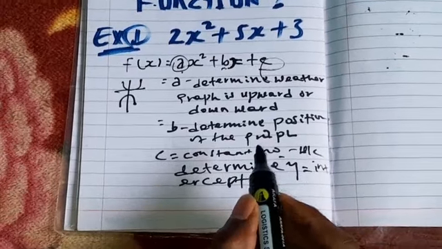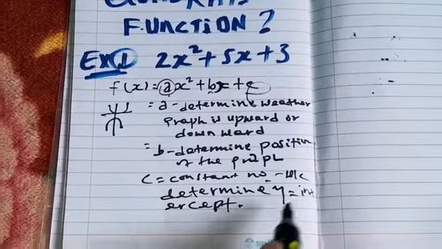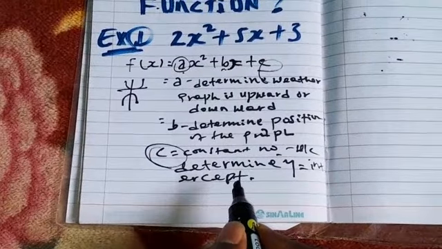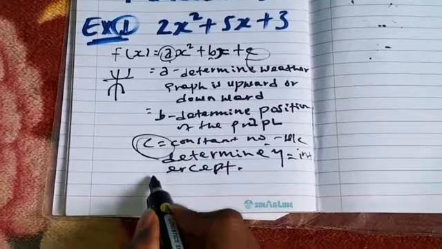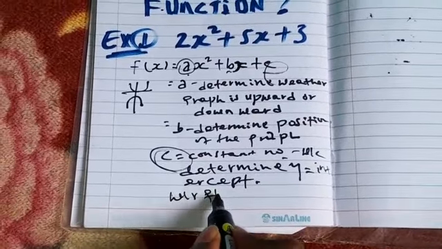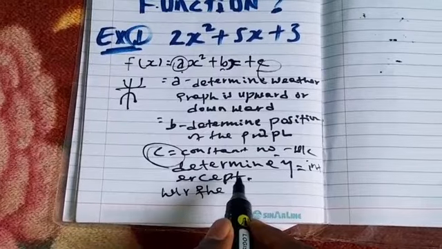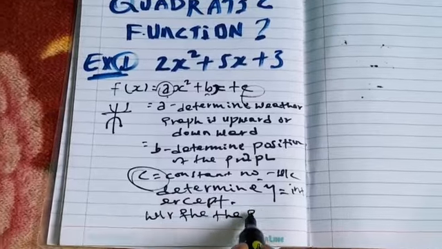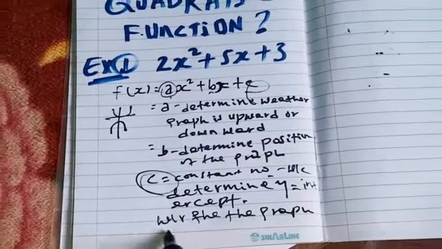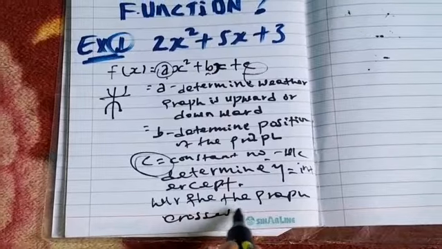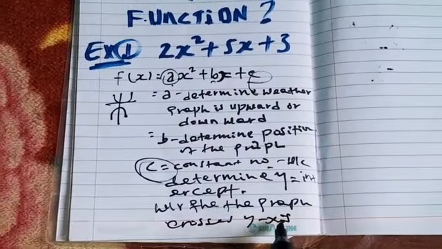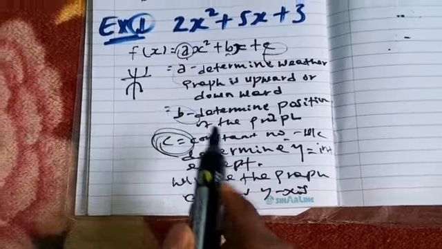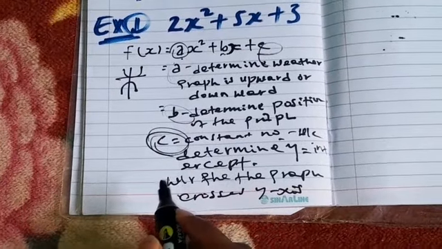The y-intercept means where the graph crosses the y-axis. c determines this one, b determines this one, a determines this one. You must have this in your mind.